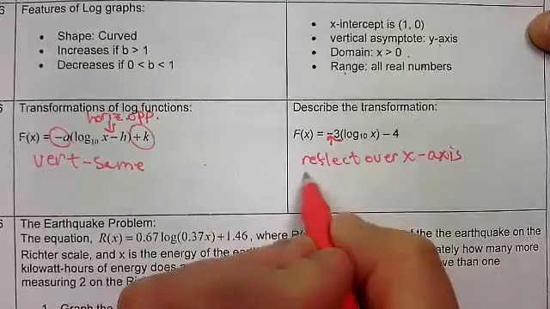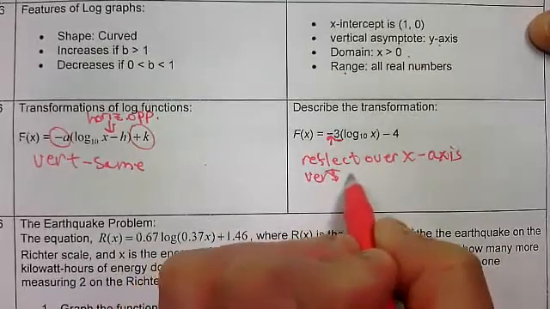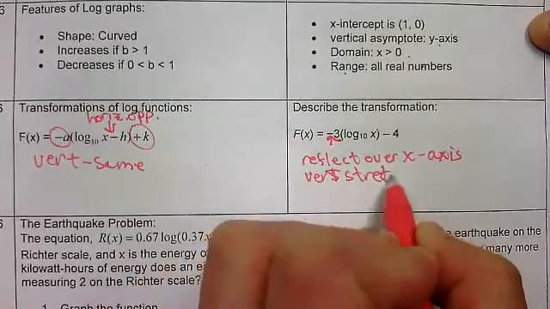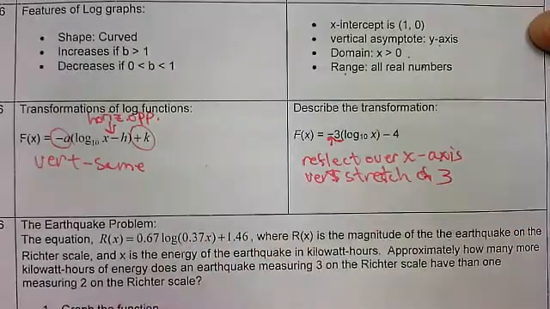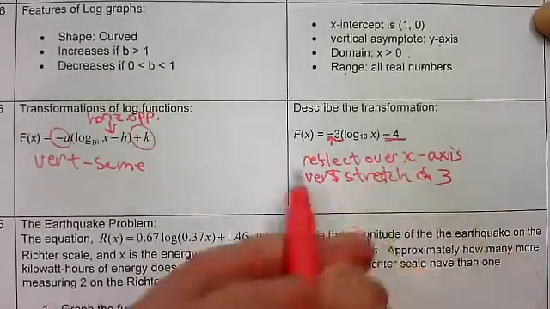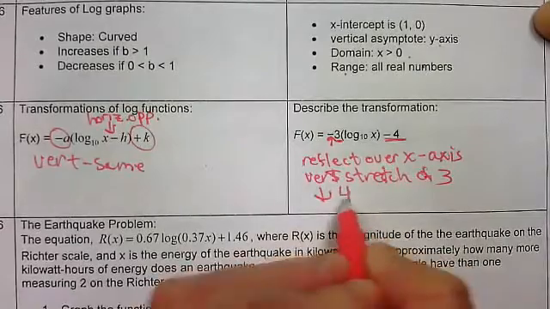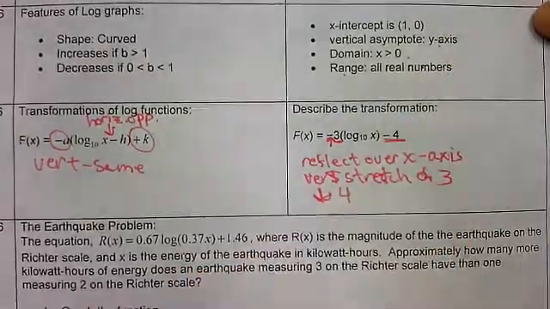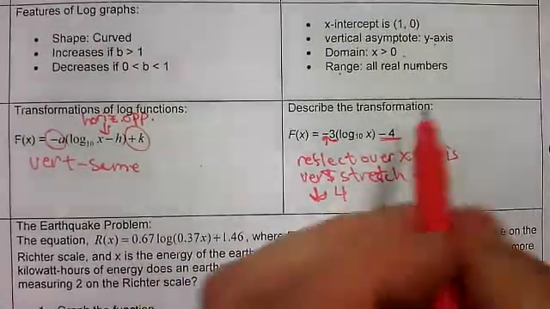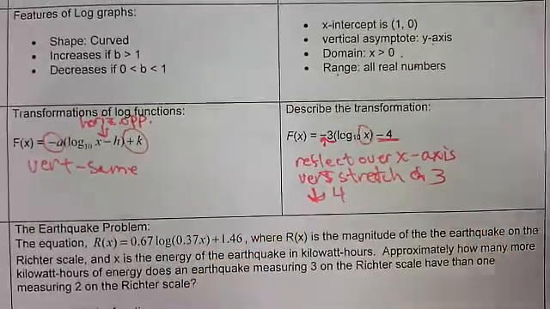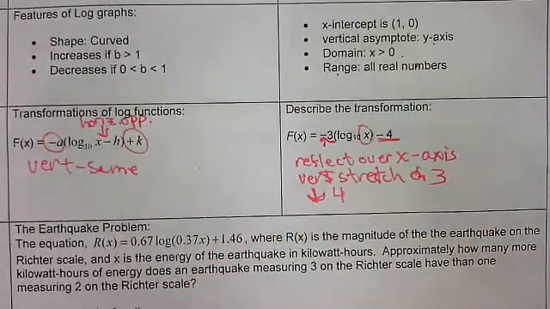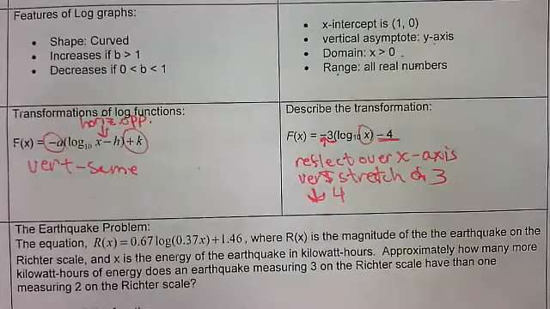This 3 is a vertical stretch of 3. Out here, it means we move down 4, so this whole graph is shifting down 4. There's nothing with the x here, so it's not moving horizontally at all.